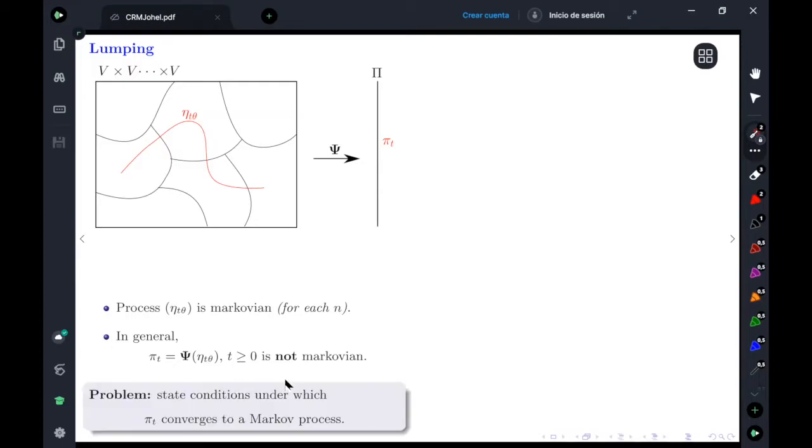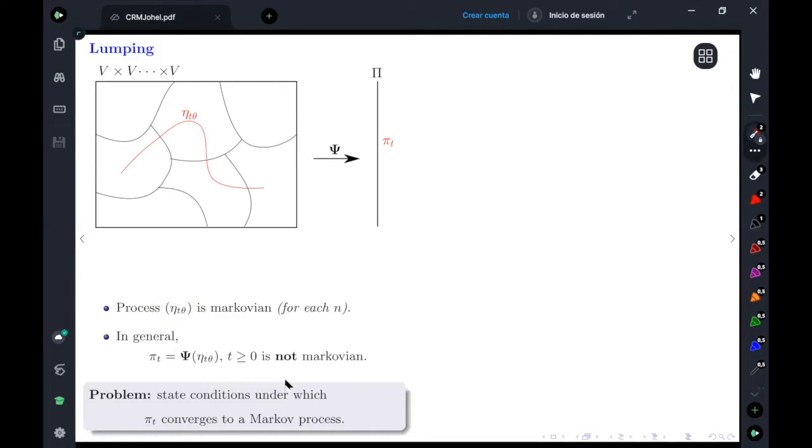So the problem here in this more general setting is trying to state conditions under which this non-Markovian process, which is a projection, converges to a Markov process, so that in the limit we recover a Markov process. So we could say that our Markov processes are not lumpable, but in some sense asymptotically lumpable.